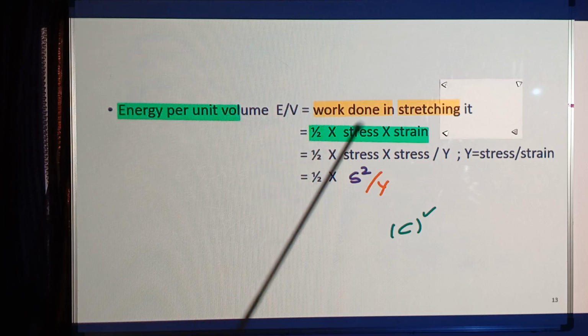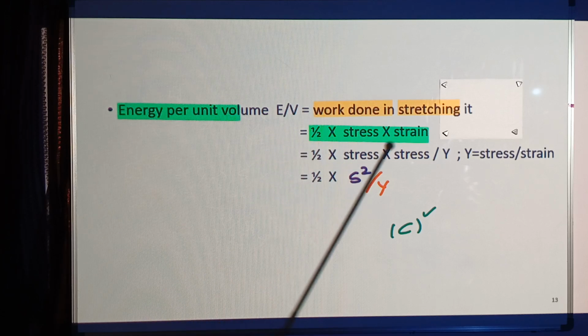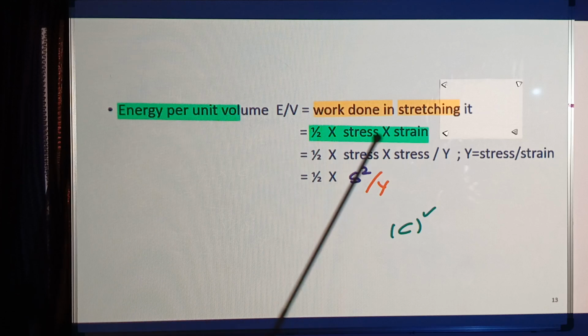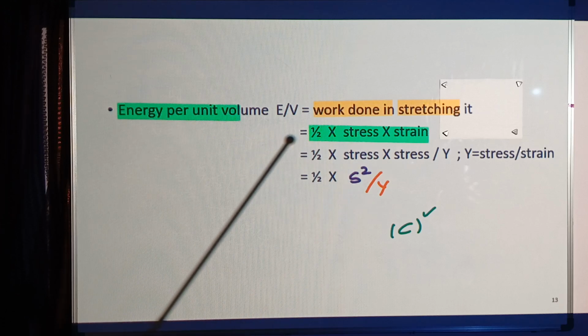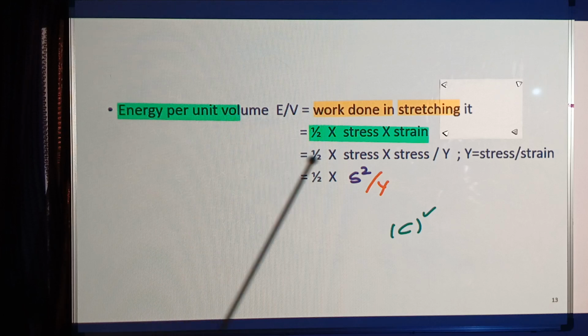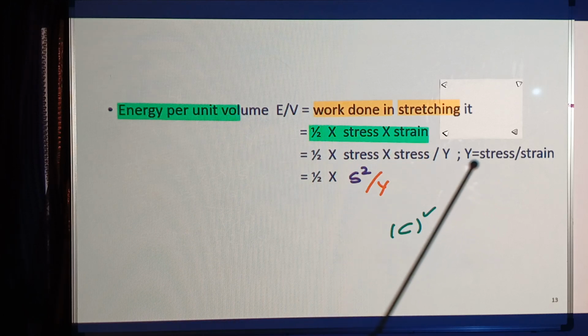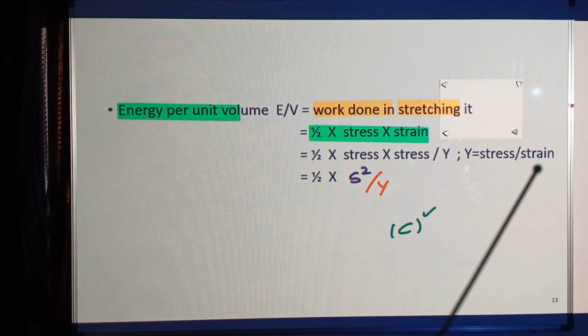So this can be derived from this step. So the result is half into stress into strain. So you can use this formula. Energy stored is half into stress into strain, and this is energy per unit volume. So stress and strain is using this definition of Young's modulus, stress by strain. Strain is stress by Y. So from this you get this result.